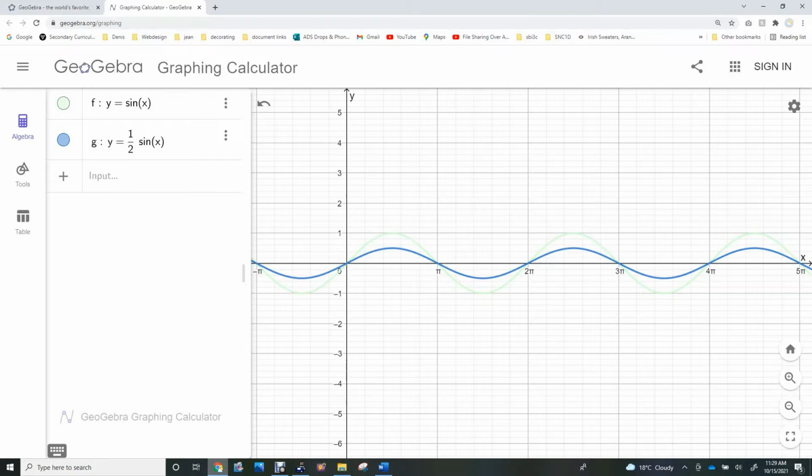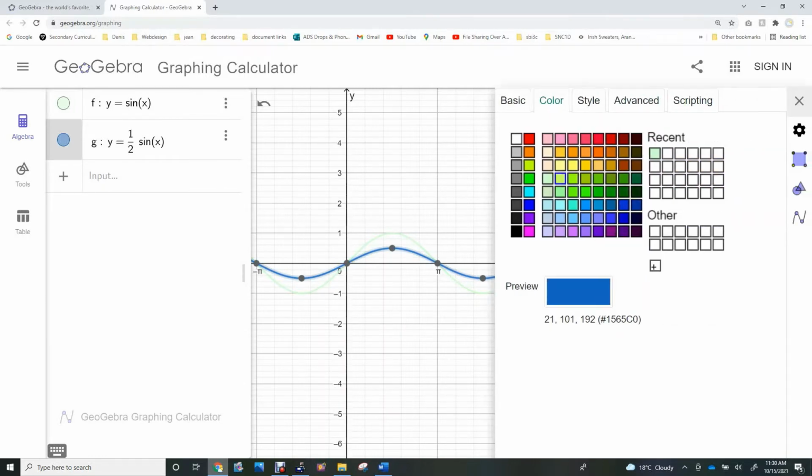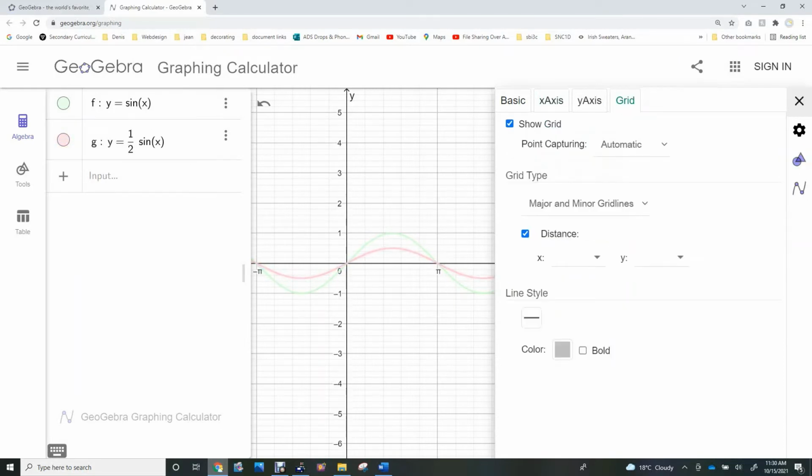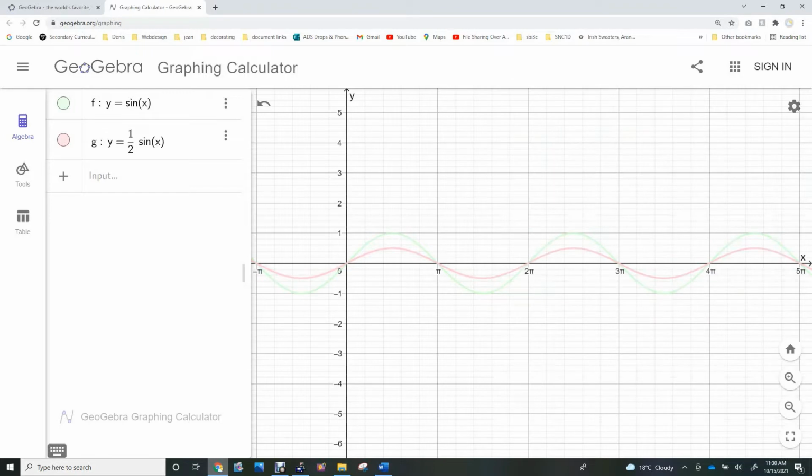So the role of the amplitude is to determine how high each top will be to the crest, and then how far down to the bottom. Now, again, I'm going to click on this and change the color. I'll make this a pink color so that it sort of fades into the background. Notice over here it actually tells me the color of each graph.